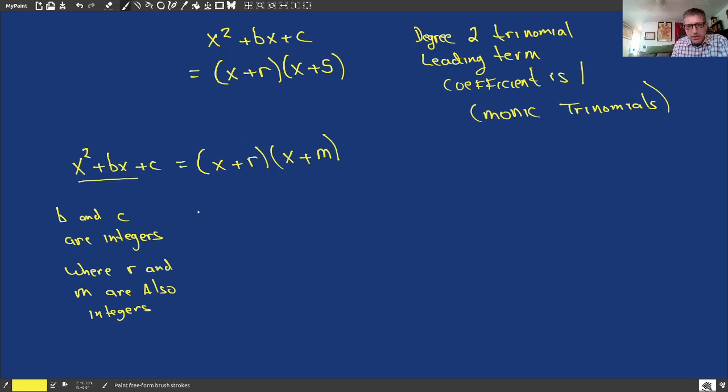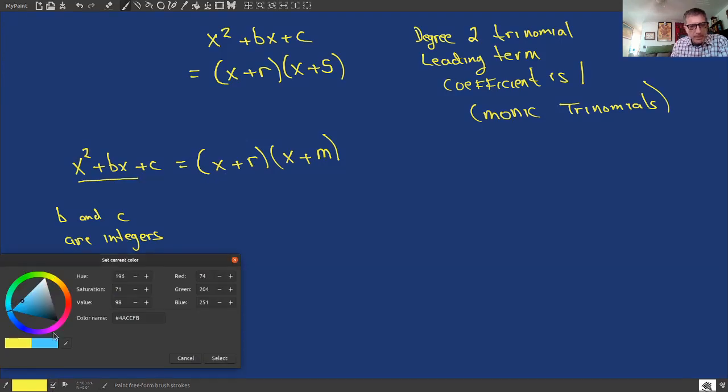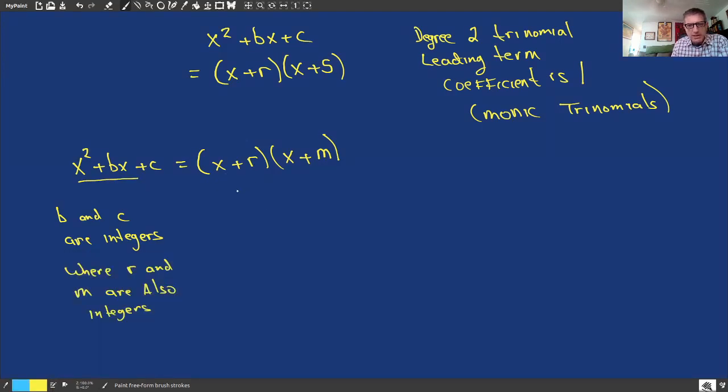So let's multiply this out. Let's just look at the right-hand side here. That's x squared plus rx plus mx plus rm. So simplified, that's x squared plus (r plus m)x plus r times m.